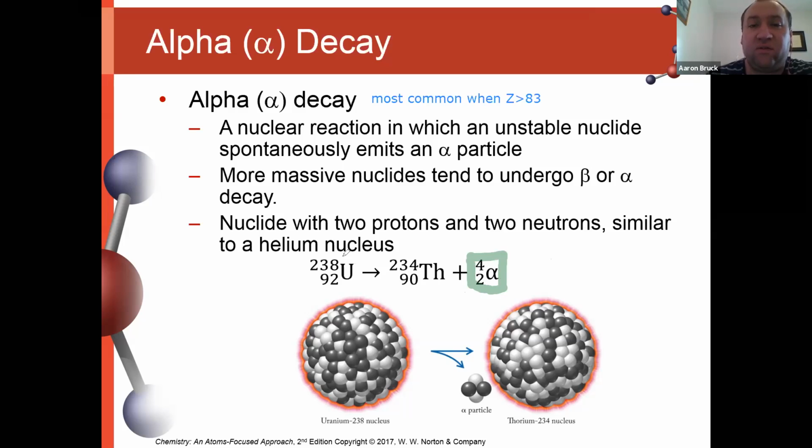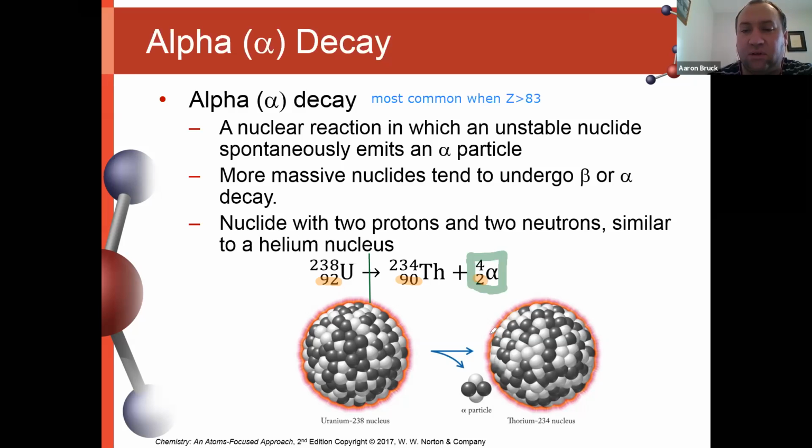In terms of the transmutation reaction, let me show you what I was talking about. Again, we can split our equation in half, and we can see that for the atomic number, I had 92 for uranium, and if I add together the 2 in the alpha particle and the 90 in the thorium, I get 92 down here as well.